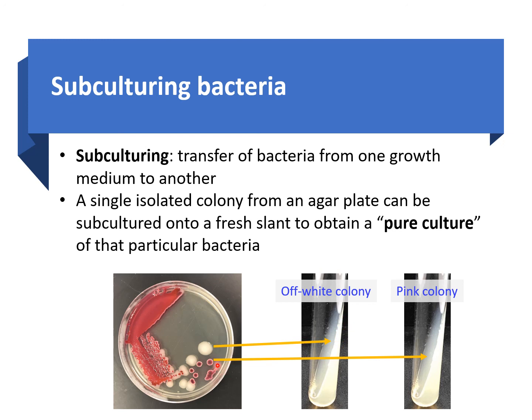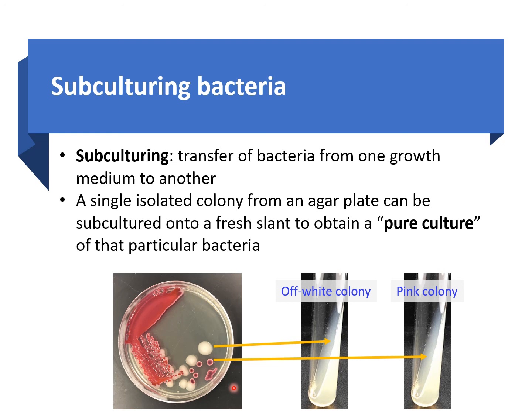Same thing, if I want to achieve a pure culture of that red colony right here, I'm going to grab a sample of that one colony. And by the way, only touch one colony. So even though, let's say, here's a red colony, here's a second red colony, here's a third, here's a fourth, should you be grabbing samples from all of those single red colonies on your plate? Absolutely not.